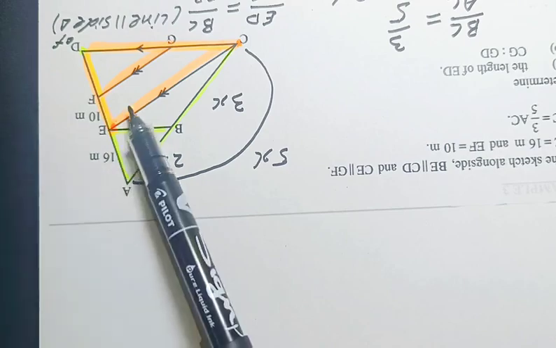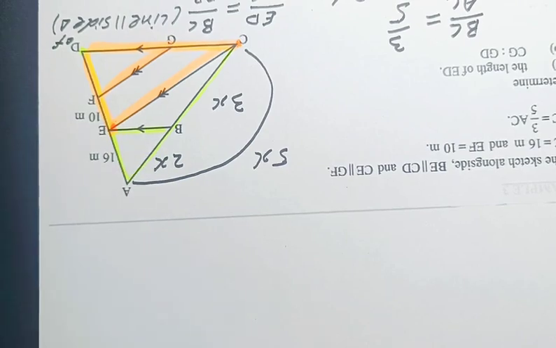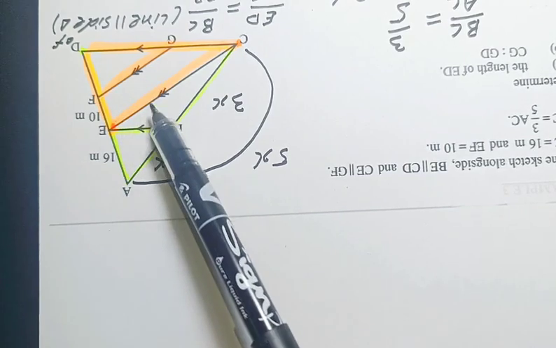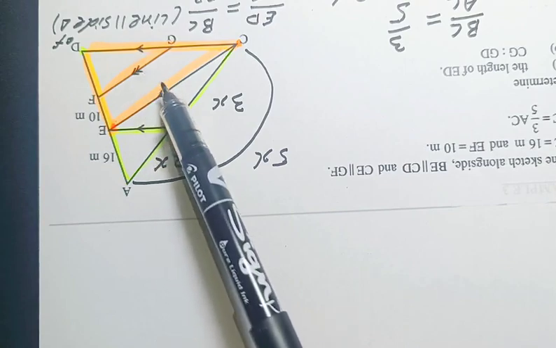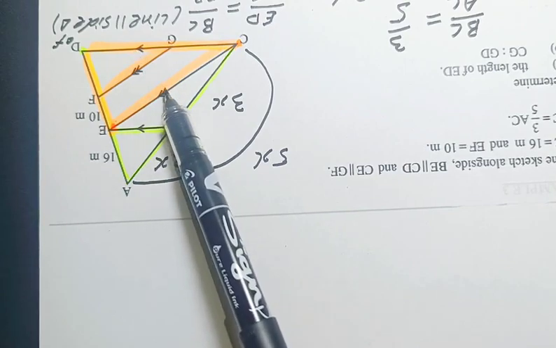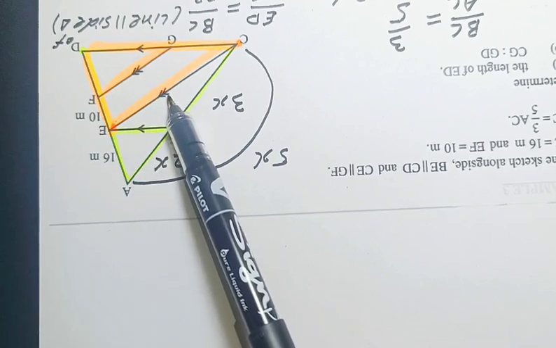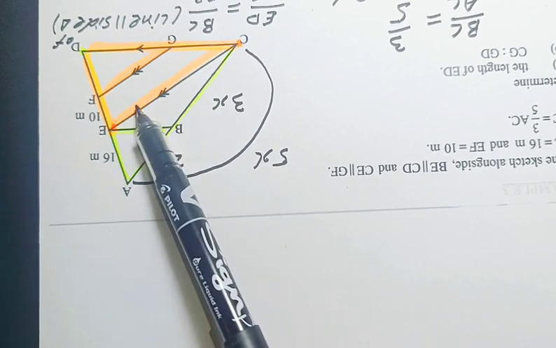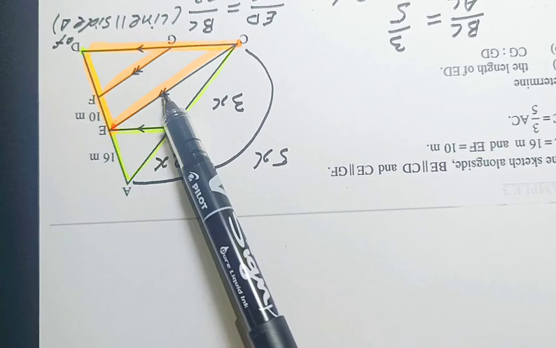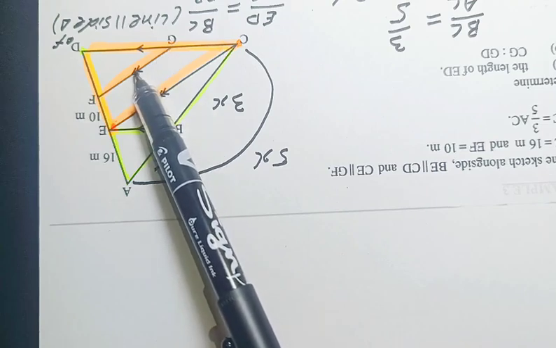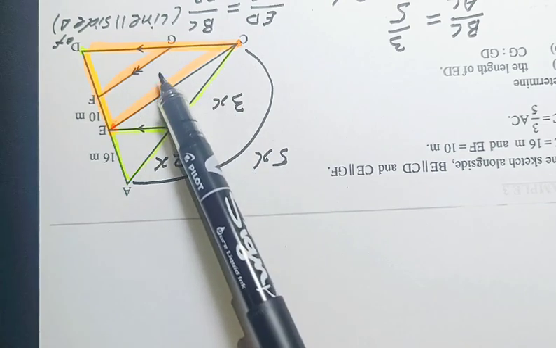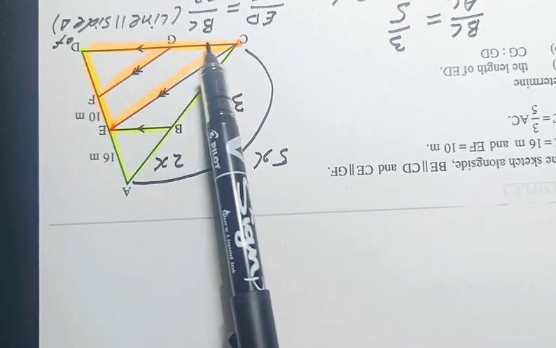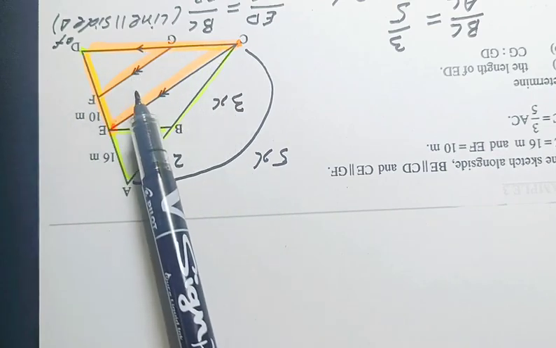You can't mix this parallel line and this one. This is one arrow, this is double arrow. You cannot mix. The double arrow goes with double arrow. So this is the long base, double arrow parallel line, and this is a short parallel line. So I'm gonna apply the proportionality theorem on this orange triangle.